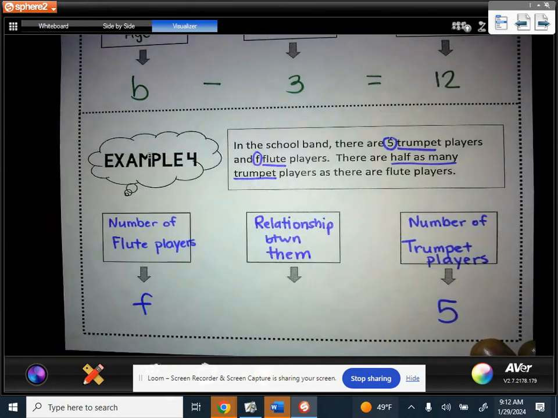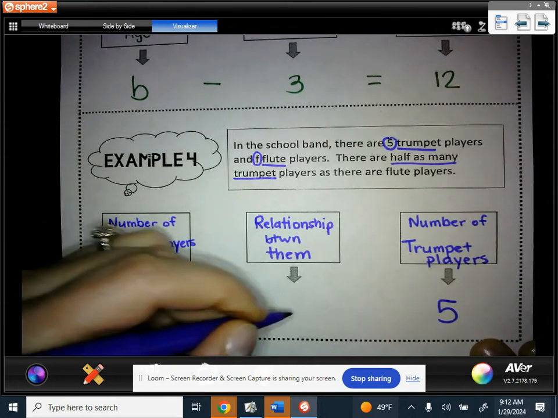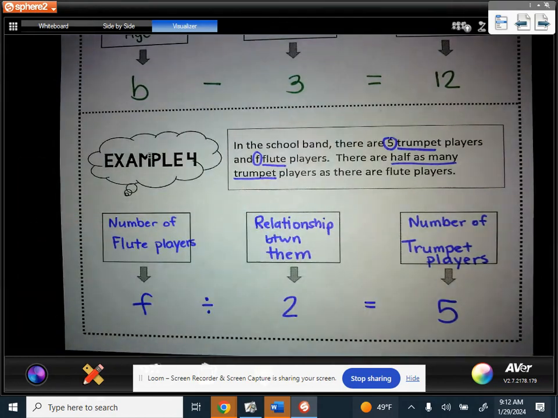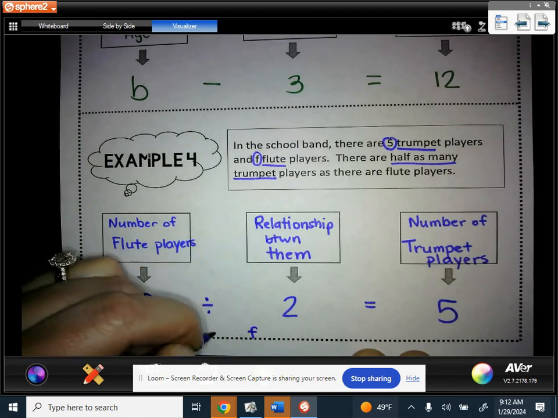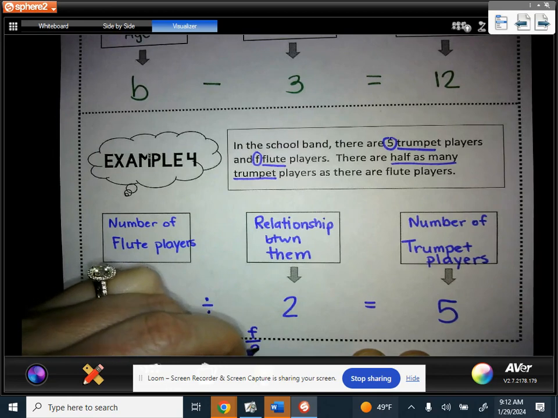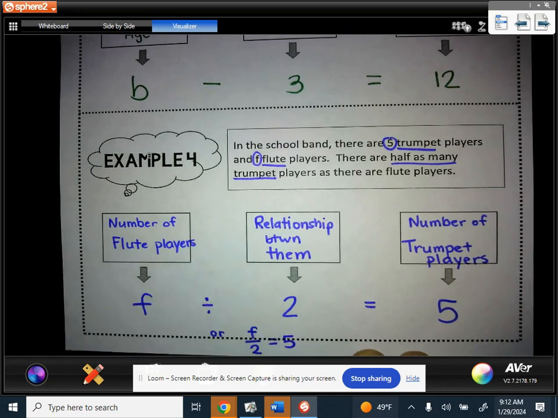The relationship here is that there's half as many, and so we would divide by 2. Typically, remember, we're not going to see our equations with that sort of division symbol. So if you'll just write down here, F over 2 equals 5, because remember that fraction notation does mean division. That's more likely the way you would see it. So F divided by 2 equals 5.